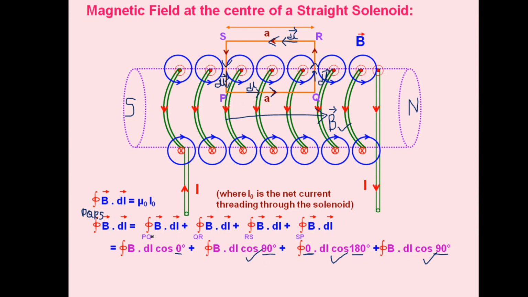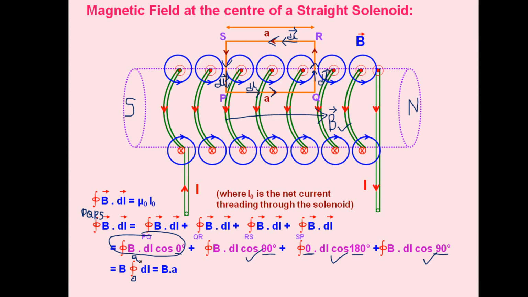So the remaining magnetic field will be obtained from this segment only. So this is B dl, B taken outside, dl remaining, and dl is limit from 0 to a, total length is a. So 0 to a will give a minus 0, that means a only. So B into a we have obtained here.